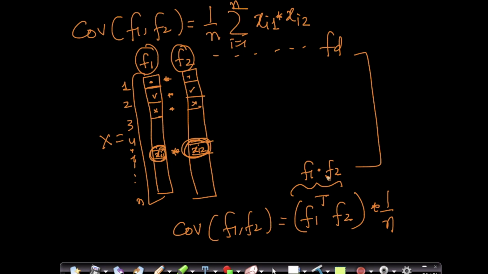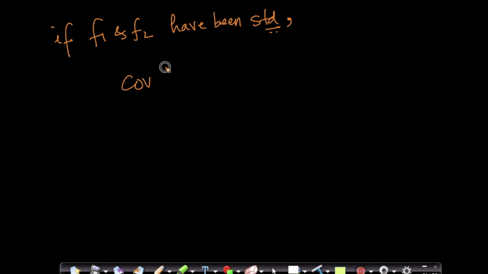And what is the formula for f1 dot f2? It's nothing but f1 transpose f2. So if f1 and f2 have been standardized, then covariance of f1 and f2 is nothing but f1 transpose f2 by n. Literally, that's what it is.